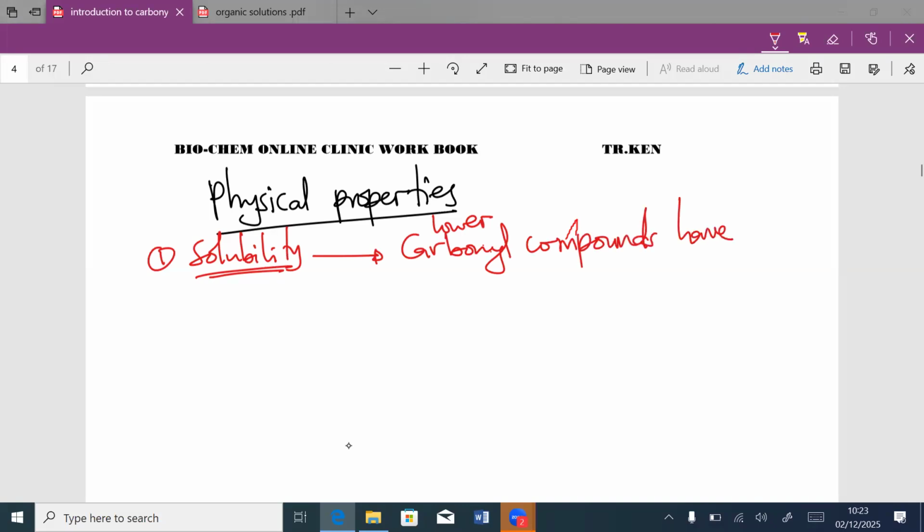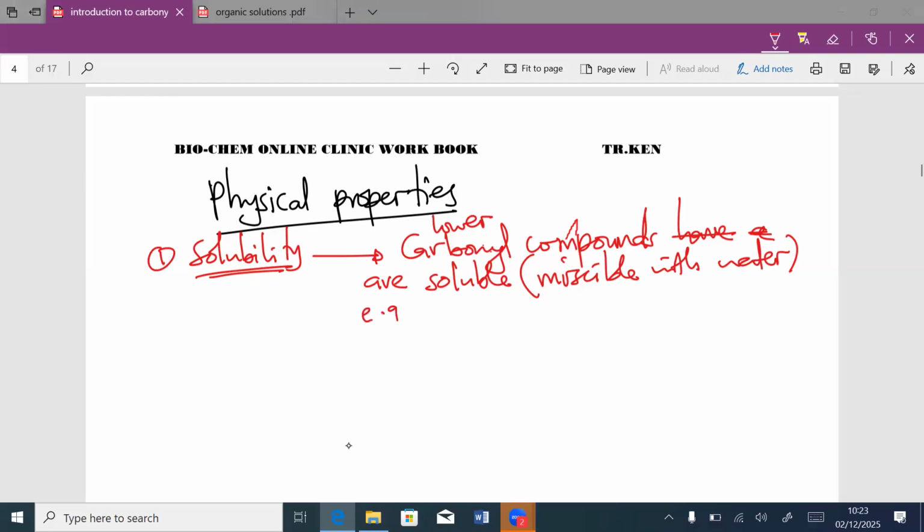They are soluble, or they are miscible with water. So lower carbonyl compounds, I mean carbonyl compounds that have a small number of carbon atoms.